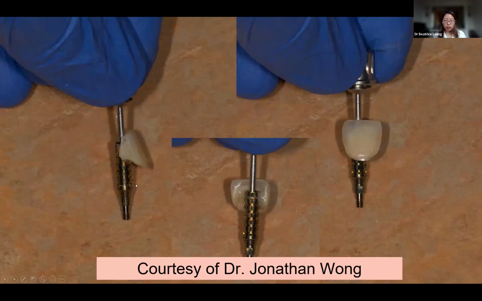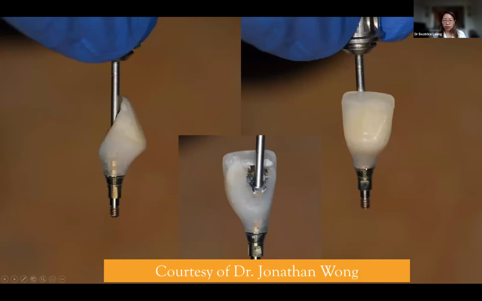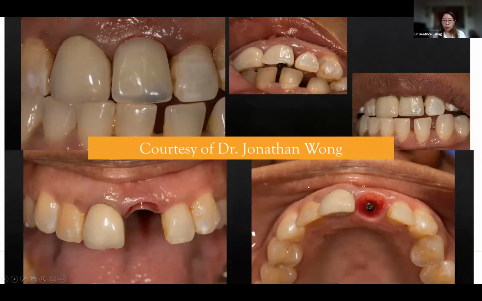So this is the extracted tooth, which he connected to the temporary abutment, and he'll fill the rest of it with composite resin, such that on the day of implant placement, he's able to put this back onto that implant.